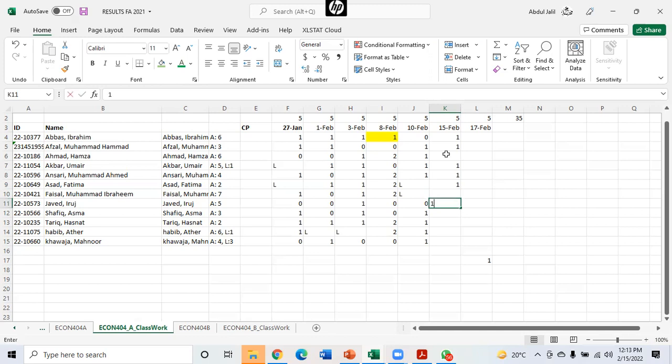Uruj Javed. Present, sir. Asma Shafiq. Present, sir. Athar Habib. Mahnur Khwaja. She is not here today. Sir, she was in the first session. Present, sir. Sir, Muhammad Ibrahim Faisal, sir.